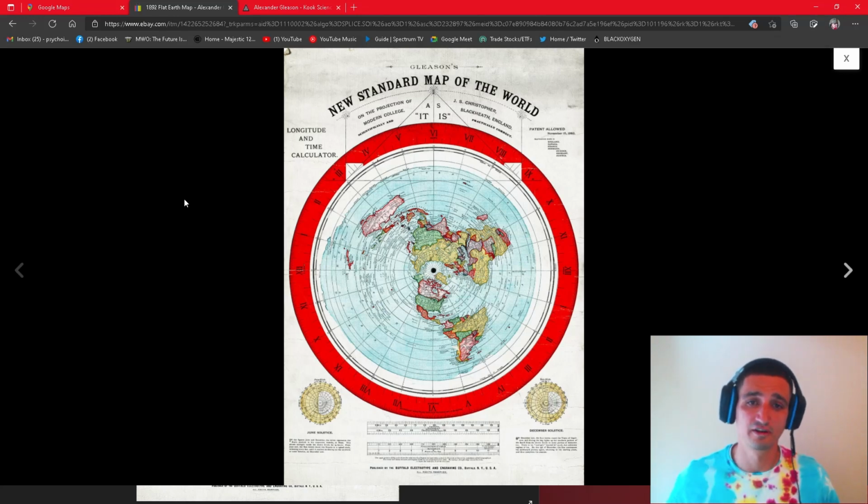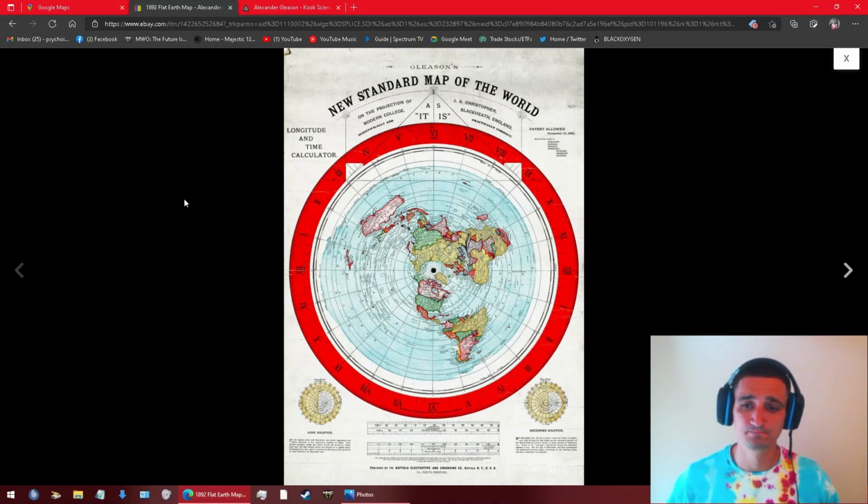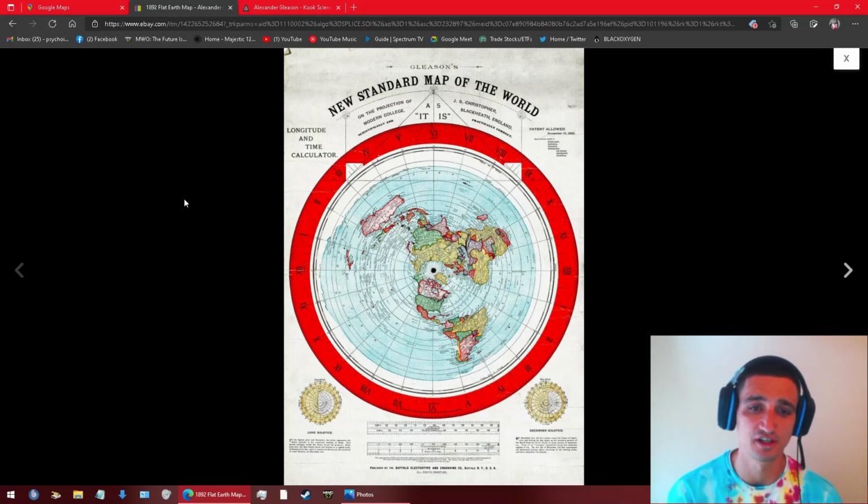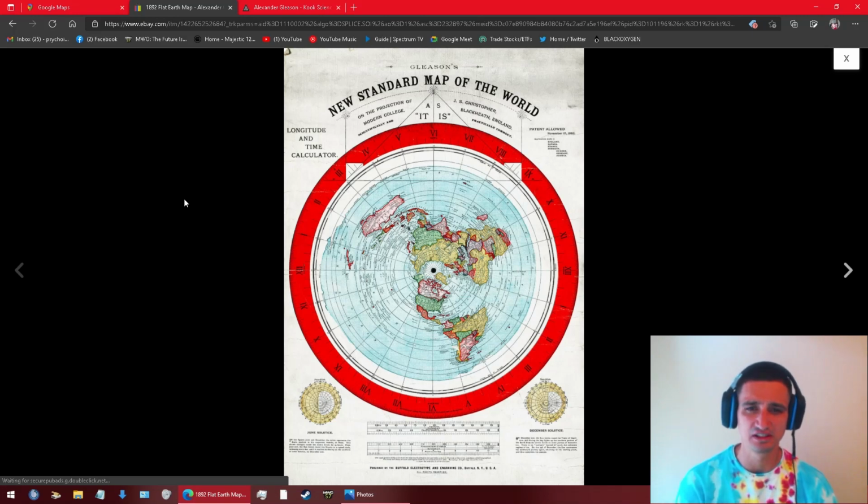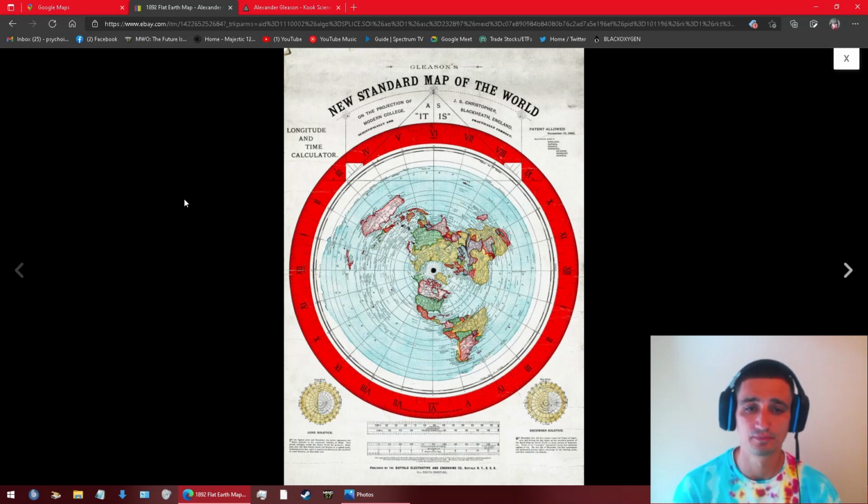I'm going to be breaking down everybody's favorite map in the flat earth community. And I do want to say I like the map, mainly because it supports my personal sun and moon observation theories. It's Gleason Alexander's 1892, I believe, new standard map of the world.